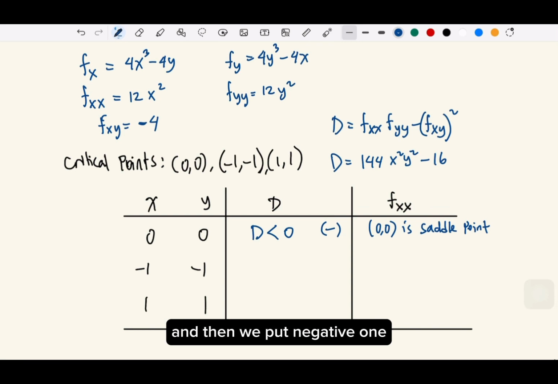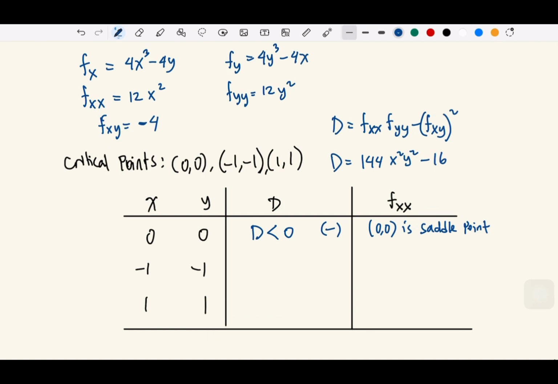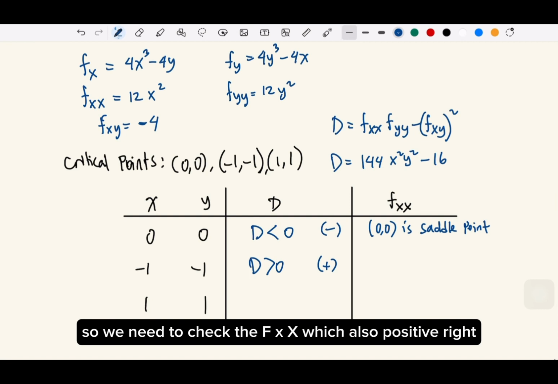And then we put negative 1, negative 1. Since it's squared, it will be positive. So we have a positive. So we need to check the fxx, which is also positive, right?